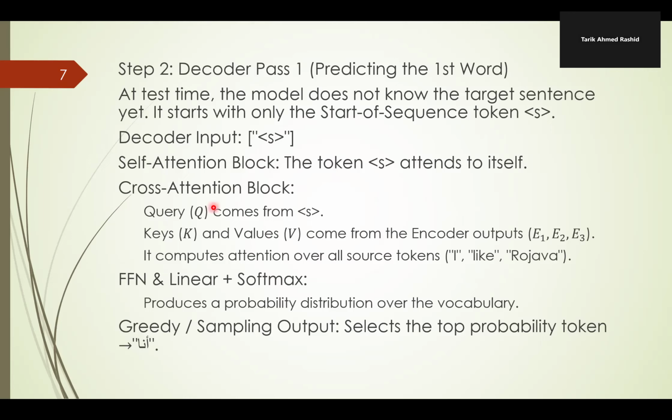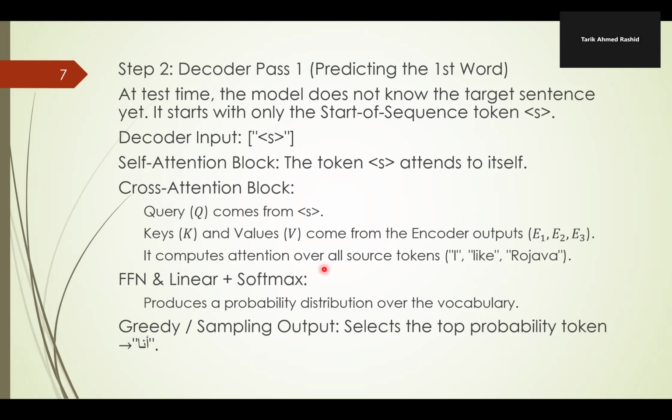This is what we mean by cross attention. Cross attention means that you have a query from the start token, and you have input representation that comes from the outcome of the encoder, represented by keys and values.